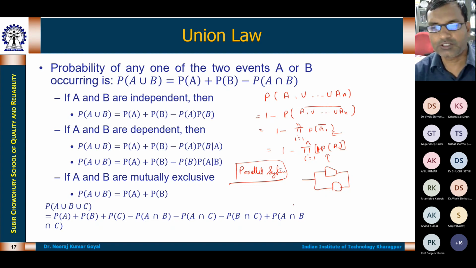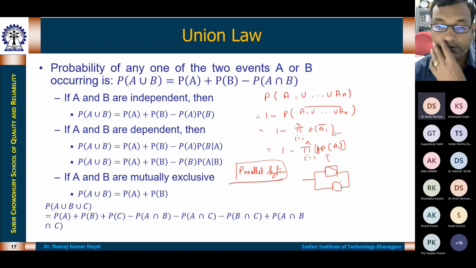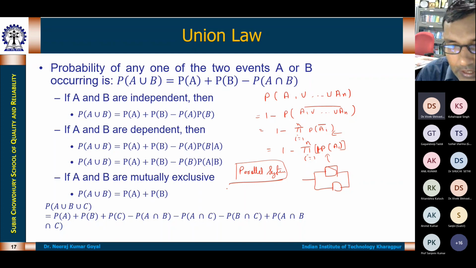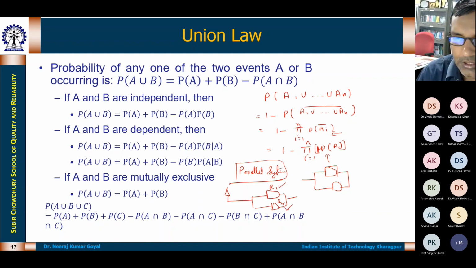For example, let's say we have one antenna, and from the antenna we can have two different cards, two different receivers, R1 and R2. Both are giving the response. If receiver 1 fails, then receiver 2 will continue to work. If receiver 2 fails, then receiver 1 will, or if both are working, it will also continue to work.